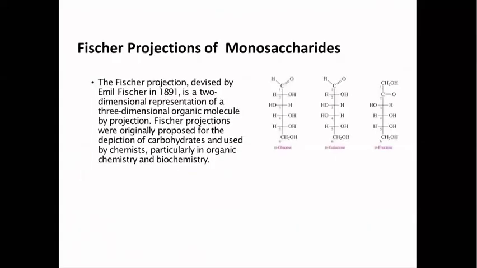Most of the time, whenever we are illustrating monosaccharides, we utilize Fischer projections, okay, to illustrate monosaccharides. And a Fischer projection was actually invented by Emil Fischer, okay? And as you can see, this was invented in 1891. And this is a 2-dimensional representation of a 3-dimensional organic molecule.